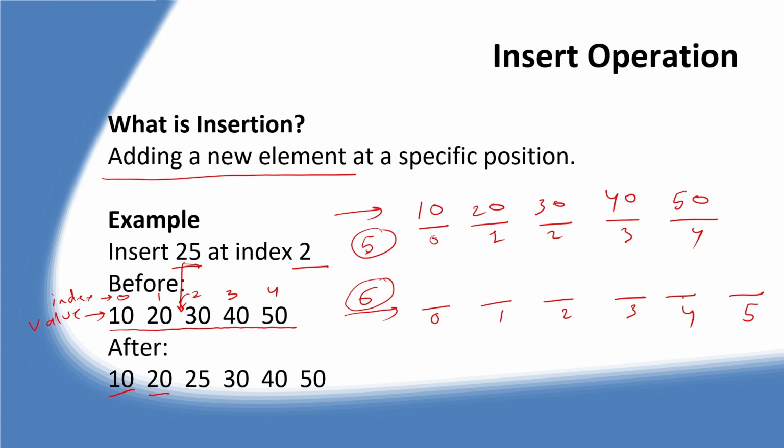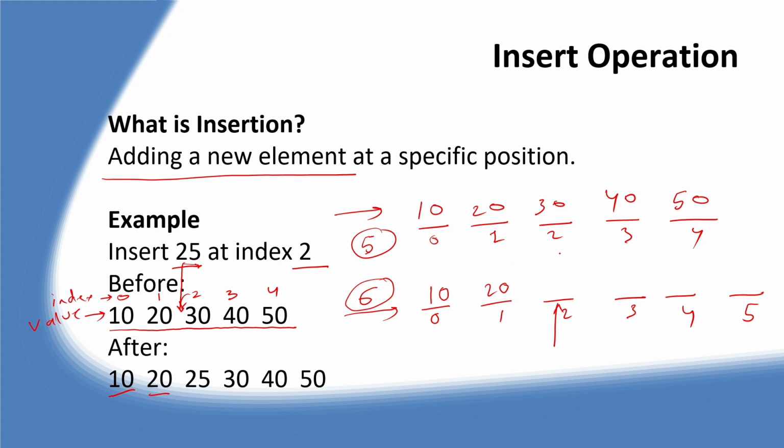So we want to insert some value at index 2 here. Before index 2, the values will remain as they are. We will not touch or do anything before index 2, so these values will come as they are.